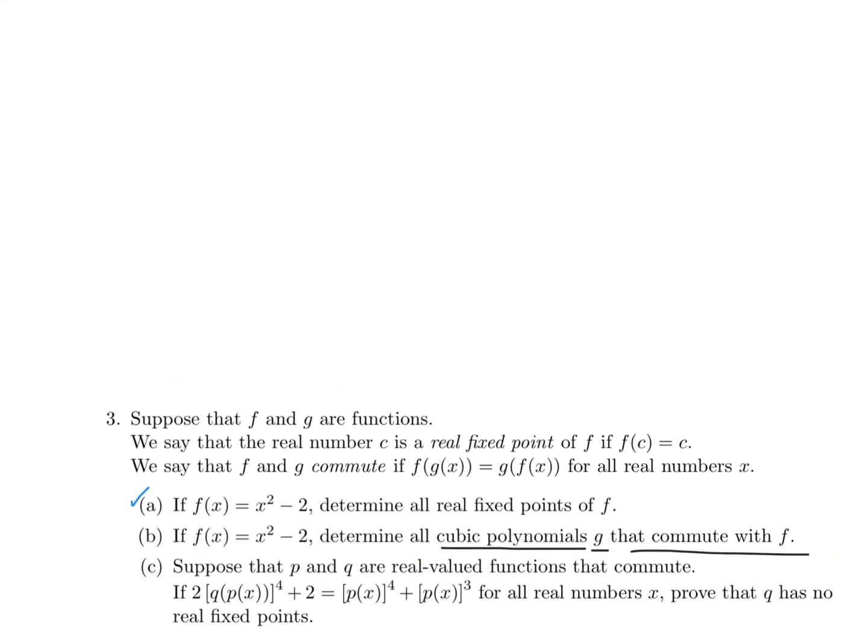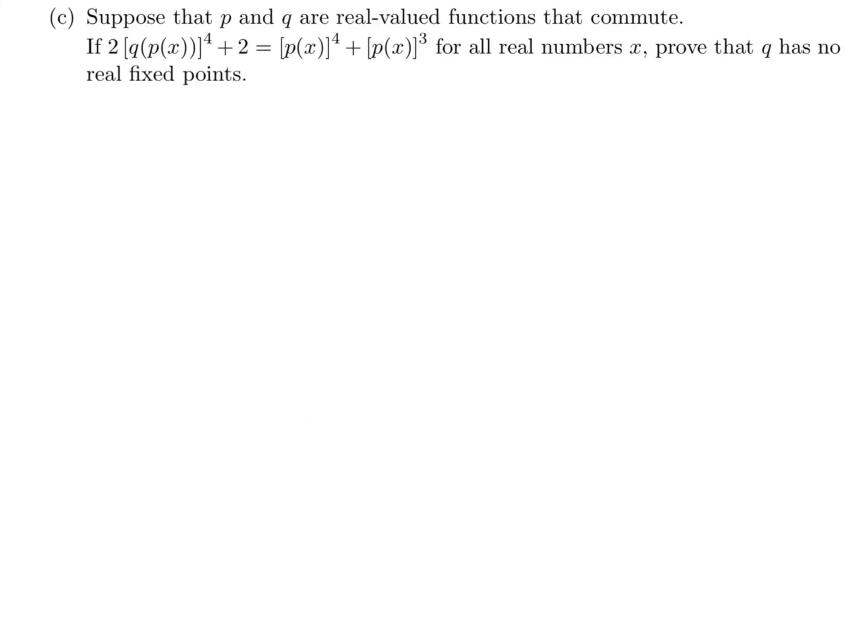Okay. All right, so we have to prove this, but they're saying that it has no fixed points. Okay, so I think we can prove by contradiction. So first let's make an assumption, original assumption, that q at x has a real fixed point.